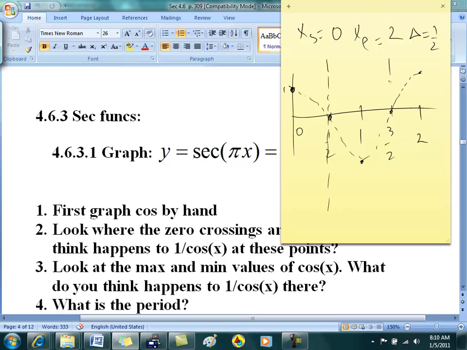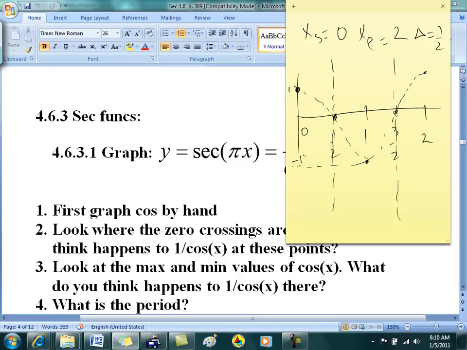You with me on that? Then if I take a look at this point and I want the reciprocal of this, remember this is a -1. Okay, so I know my graph's going to go through that point. And it's going to asymptote with these two vertical lines here like that. So I know this part's going to be like that. You with me on that?